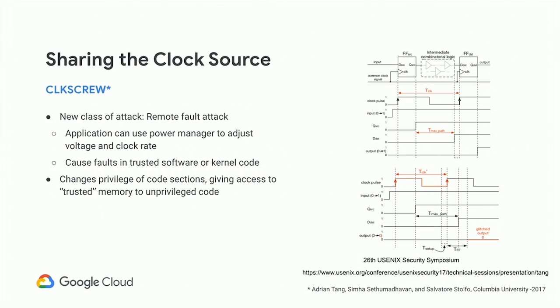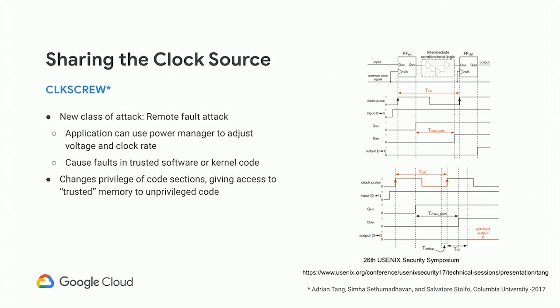By just scaling the frequency of the clock, they were able to inject a fault into the hardware that then started to misbehave to the point where it was giving privileged access to the memory. So you could mount a remote fault attack without any physical access to the device, just by using user space code, and then injecting faults in the code that gives you privileged access to the memory.